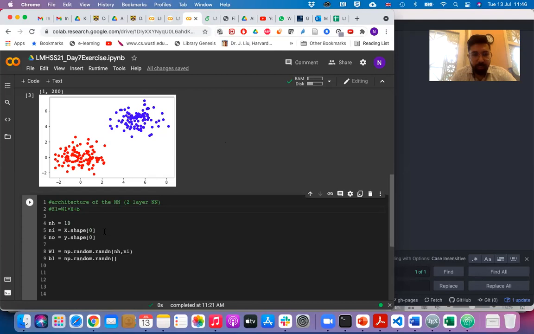Put a star here. So what would be the size of B1? B1 is a column vector, and its rows have to match the rows of W. Any guesses? It's from simple linear algebra. Anybody wants to take a guess?